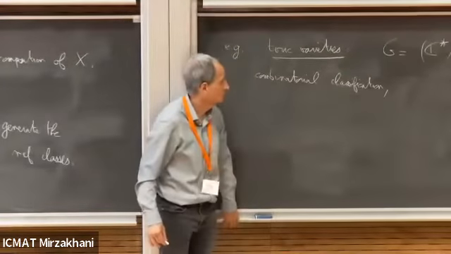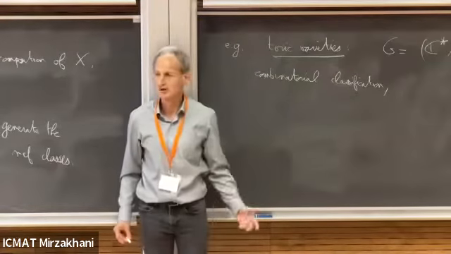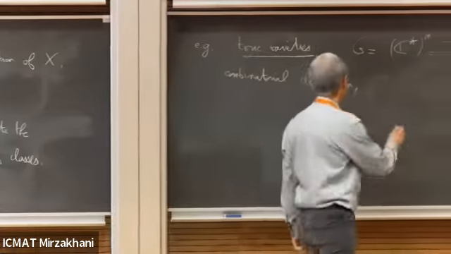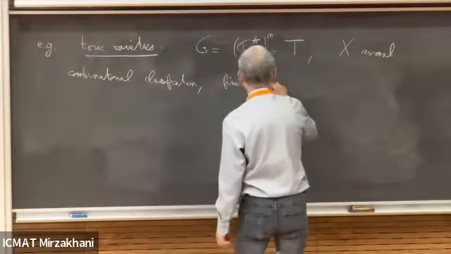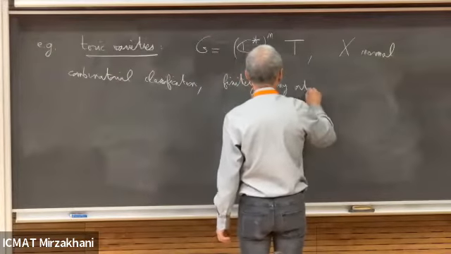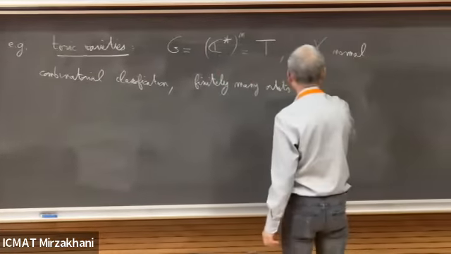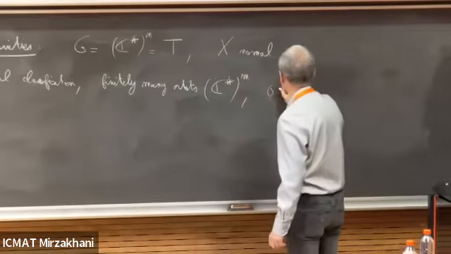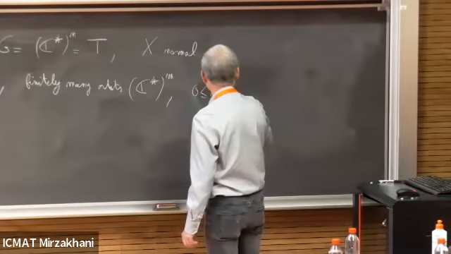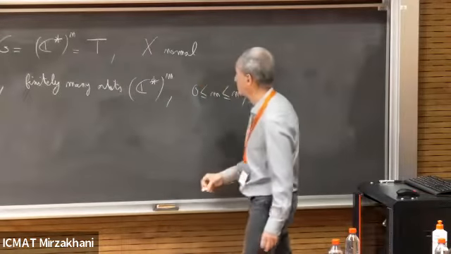But important consequences: you have only finitely many orbits, isomorphic to C star to some power m. Okay.